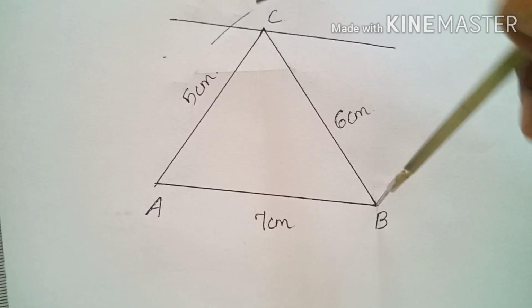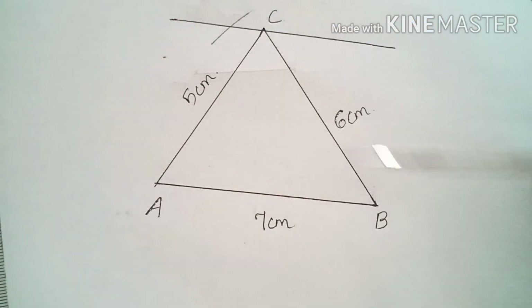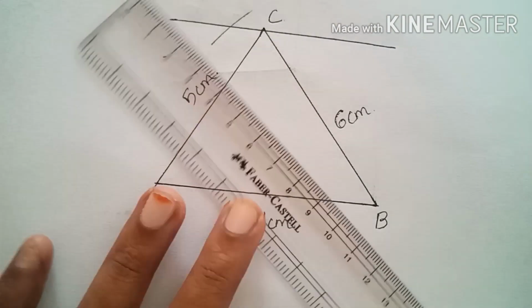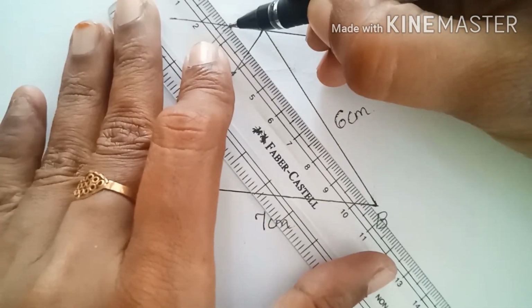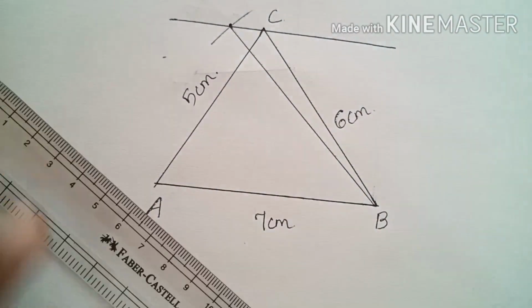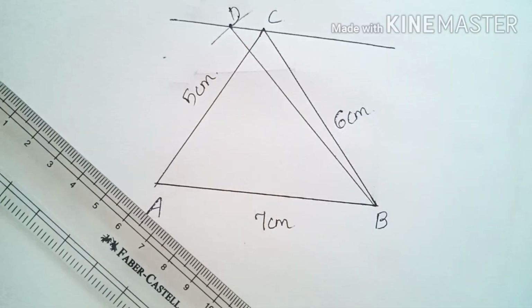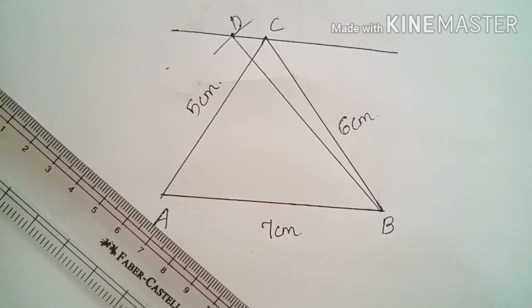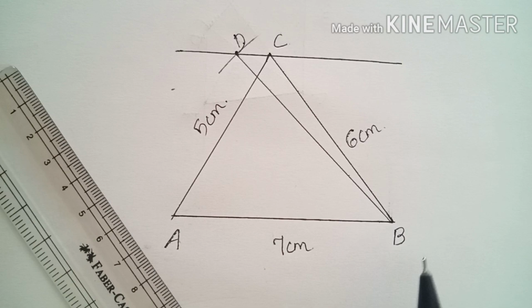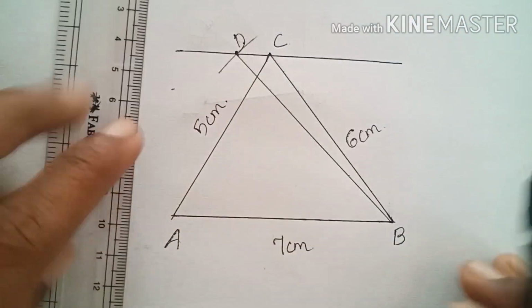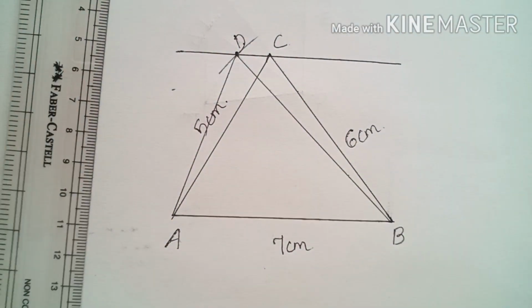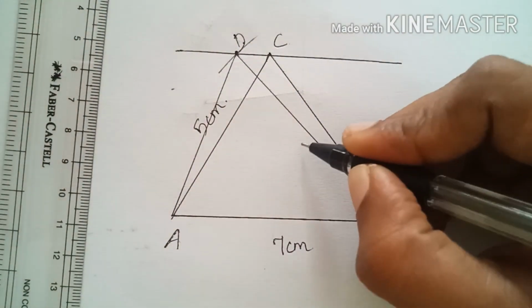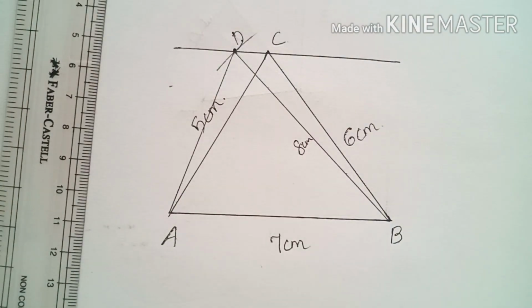Draw an arc like this. So this line will be 8 cm. Now join that point to B like this. We can take the point as D. Now DB will be 8 cm. So AB is the first side, BD is the next side. Now join the next side also. AD is the next side. So this is the next triangle with one side as 8 cm.